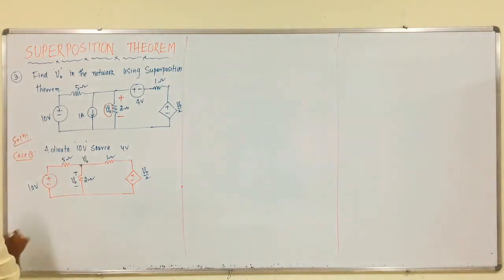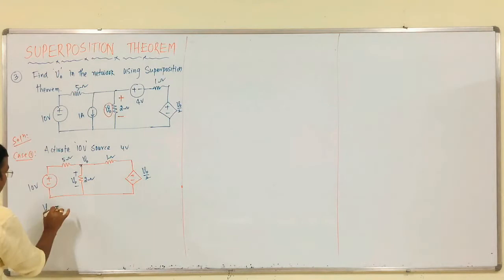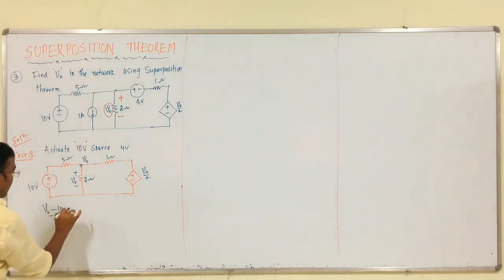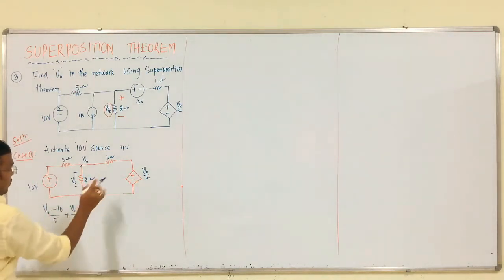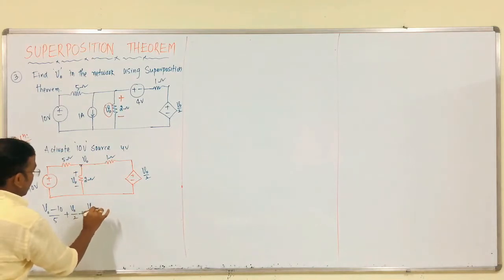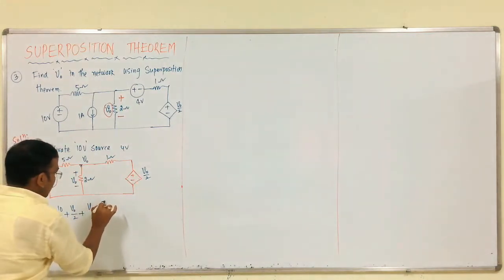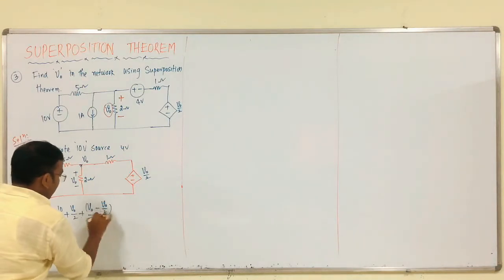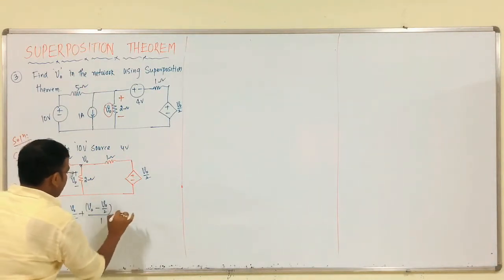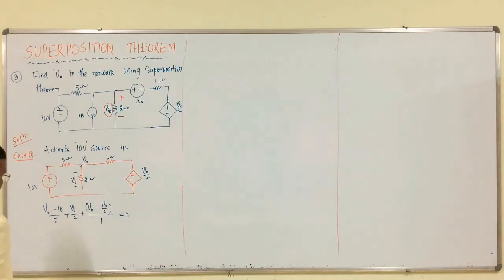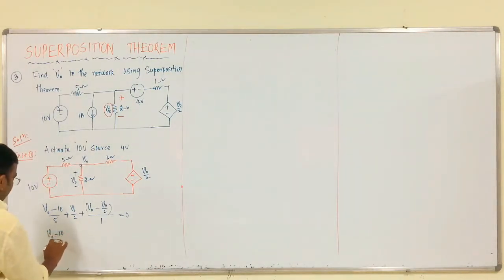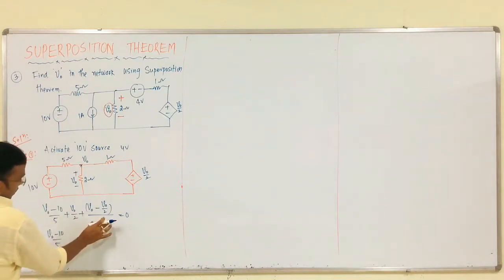Therefore, by using nodal analysis we can calculate: V naught minus 10 by 5 plus V naught by 2 plus V naught minus, this is a voltage controlled voltage source, that is nothing but the voltage value V naught by 2, by 1, which is equal to 0. So, V naught by 5, V naught by 2, this is also V naught by 2.